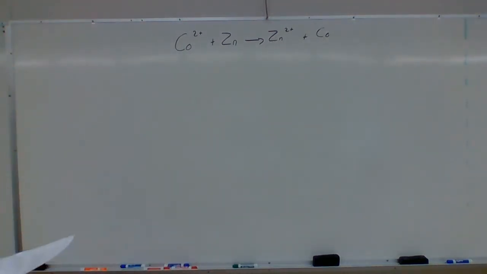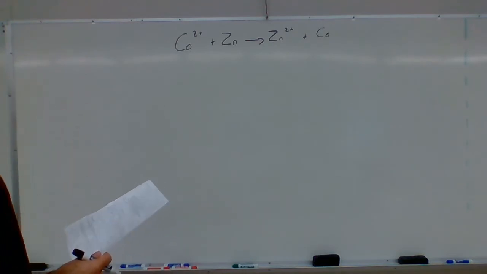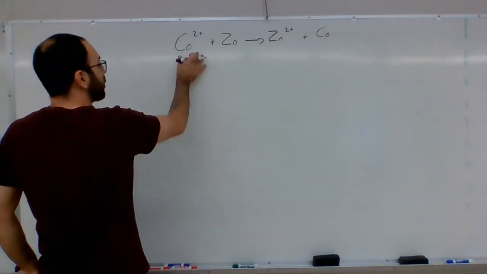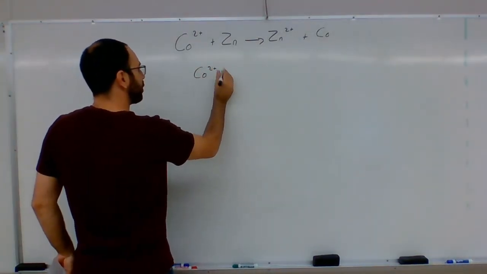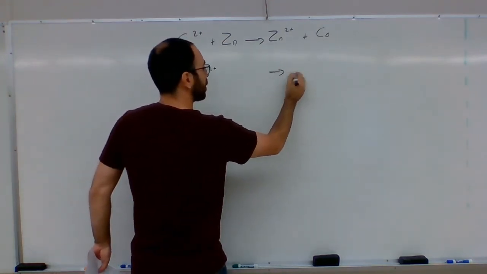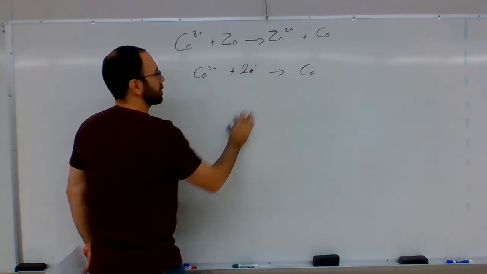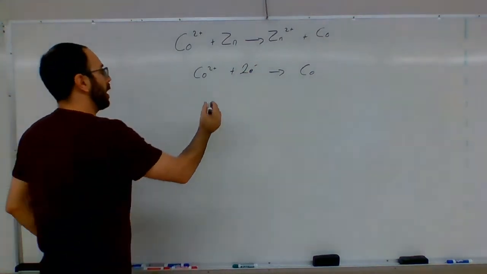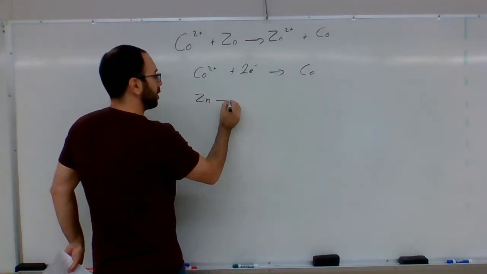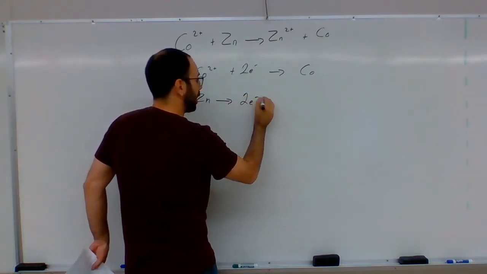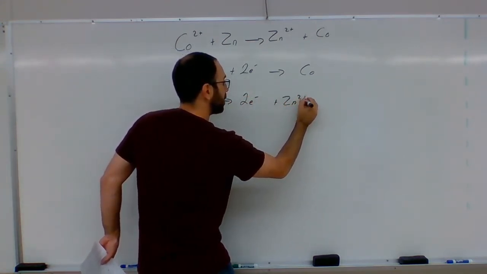Well, if I'm going from this cobalt 2 plus to regular cobalt metal, that means I have to add in my 2 electrons for this reduction, and then I would have my zinc going to 2 electrons plus my zinc 2 plus for my oxidation reaction. Okay.